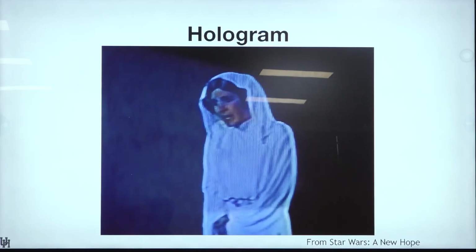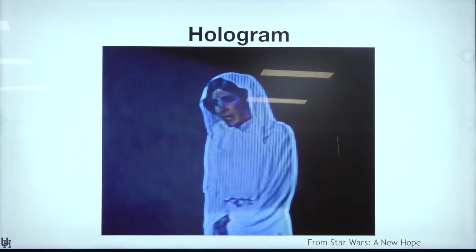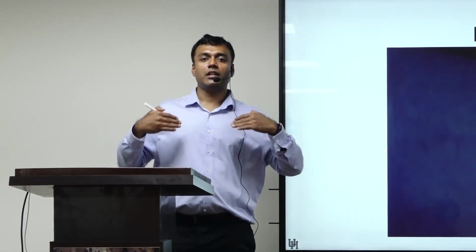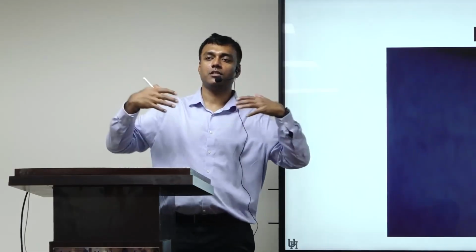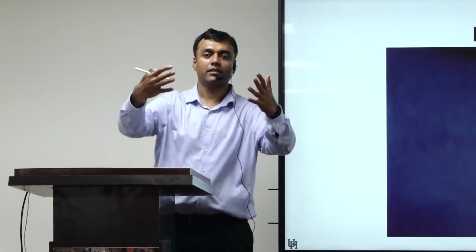Okay, so what holography essentially does is try to replicate the field, the light that comes towards you. What do I mean by that? Let's say you have an object, and this light bulb shines on the person, and then the light hits your eyes.